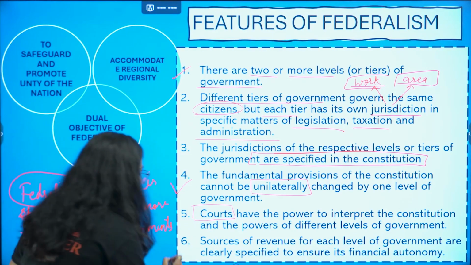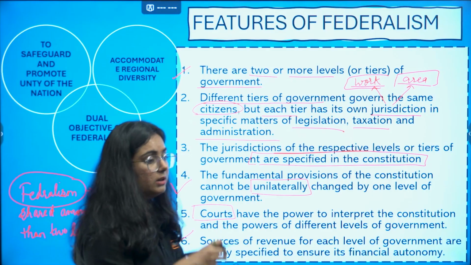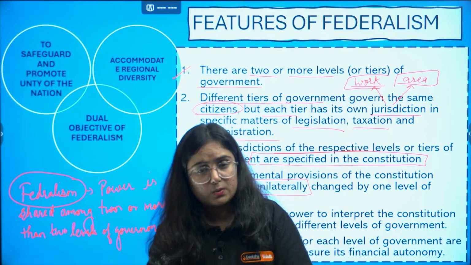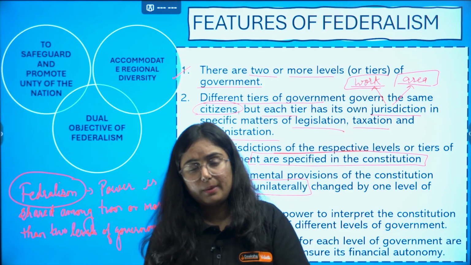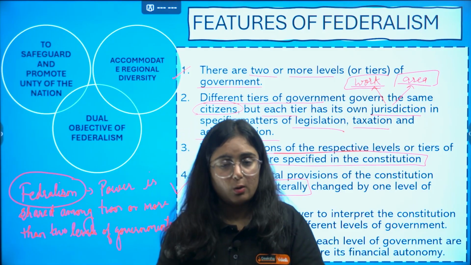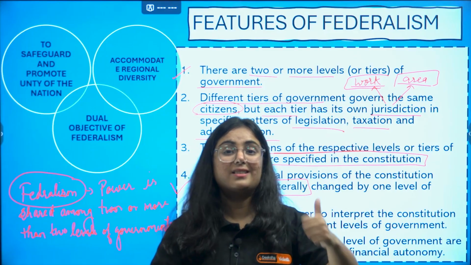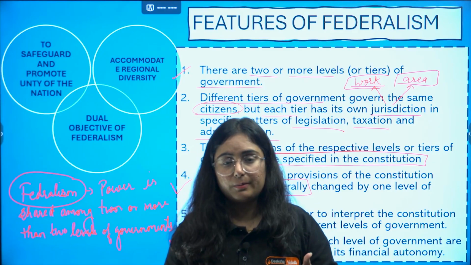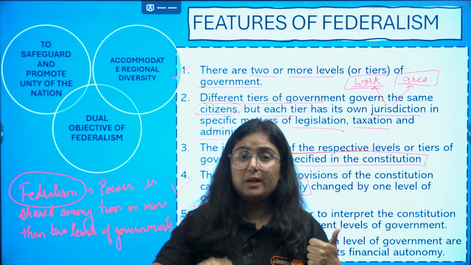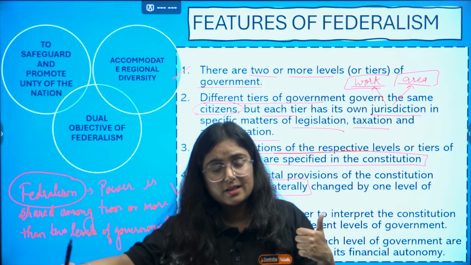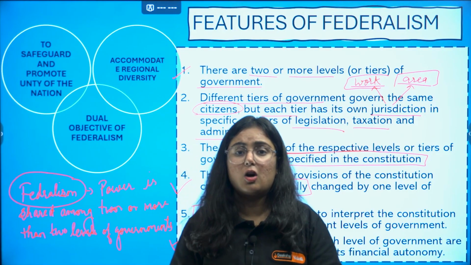The most important point is that whenever the central government is working, whenever the state government is working, and the same with the local government, they need money. And for money, the very important point is revenue collected by the government. Which government will be collecting which type of taxes is also mentioned in the Constitution.